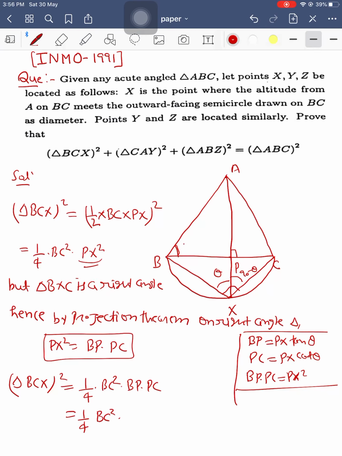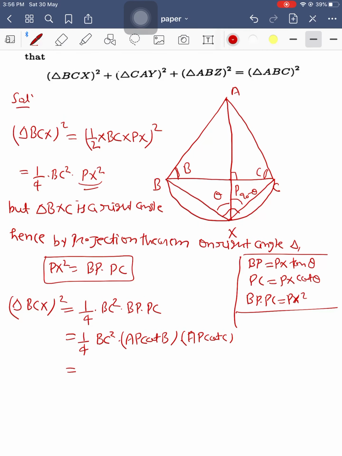Using triangle ABP, this angle is B. Therefore BP is AP cot B. Now to find PC, we are going to use triangle APC. This angle is C. Then PC equals AP cot C.